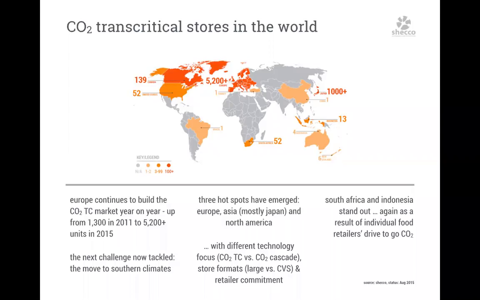And also, of course, when it comes to using cascade versus transcritical systems. South Africa and Indonesia stand out, again, as a result of individual food retailers' drive to go CO2. An interesting area is also New Zealand and Australia. That's why we decided to organize a first conference on the Australian market next year.